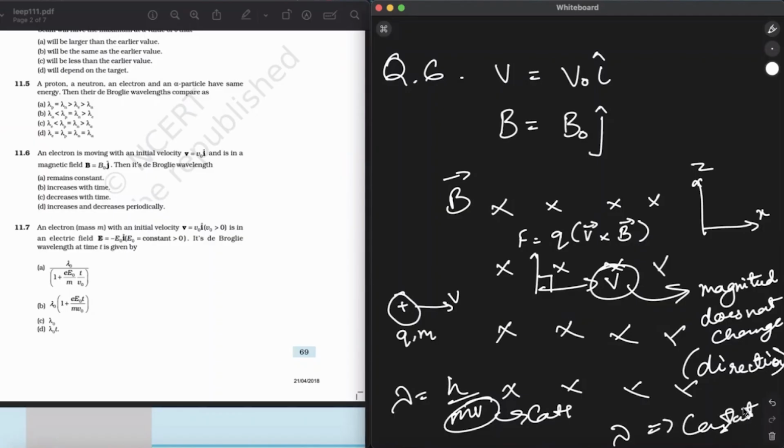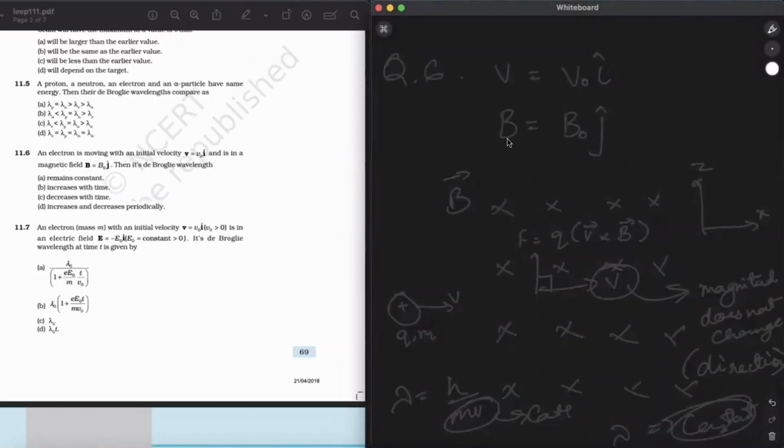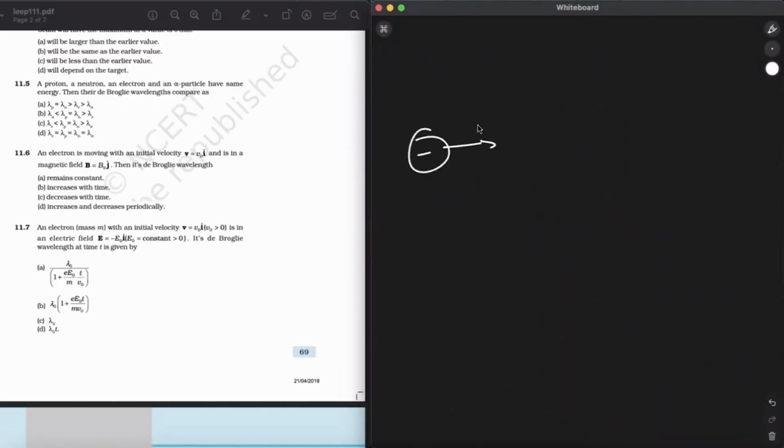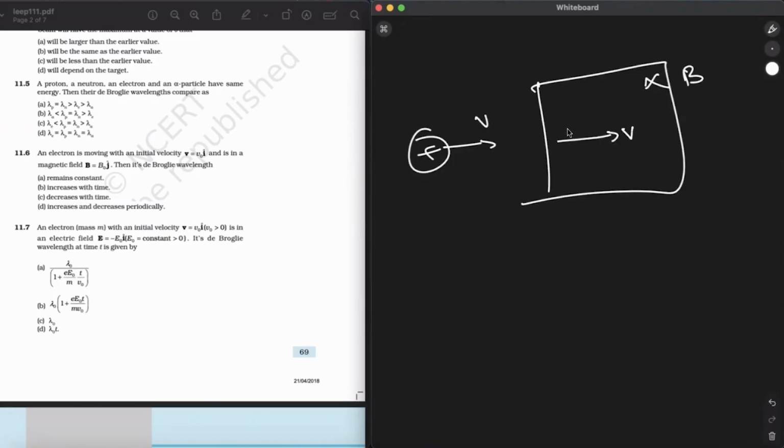Simple. I'll tell you a misconception. If this is a positive charge moving with some velocity v, it enters a magnetic field region. Force is equal to q v cross B. People think that since force is acting, the velocity must be increasing, because force makes acceleration, which makes the velocity increase.